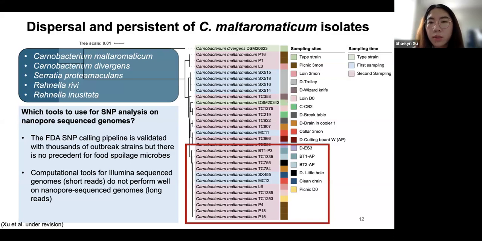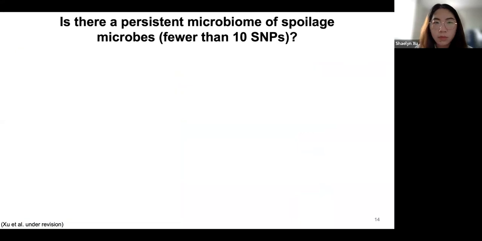As our sequencing was conducted on the Nanopore platform, the FDA pipeline is not actually suitable for the SNP analysis. So our lab has developed a new workflow with the use of CLAIR3 to run the pairwise SNP analysis.